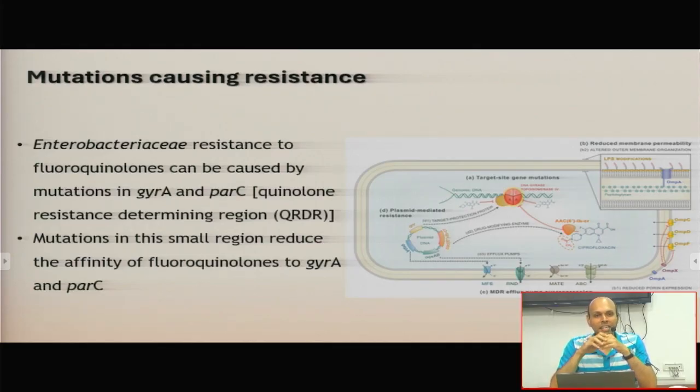You go to a party, right? Sometimes people wear masks. When you are wearing the mask, you can't identify who is who over there. The same phenomenon occurs here. When mutations occur in the gyrA and parC genes, the fluoroquinolone that was recognizing that this was gyrA and this was parC can't recognize them.